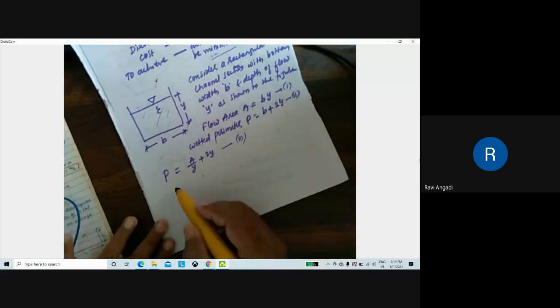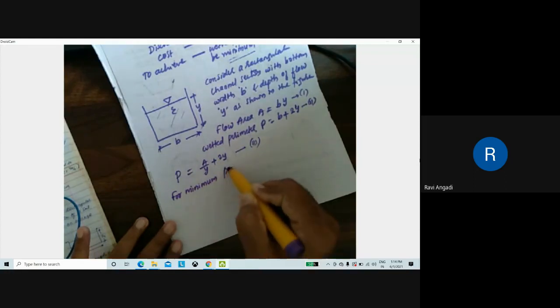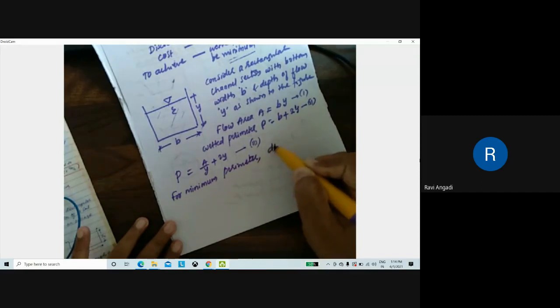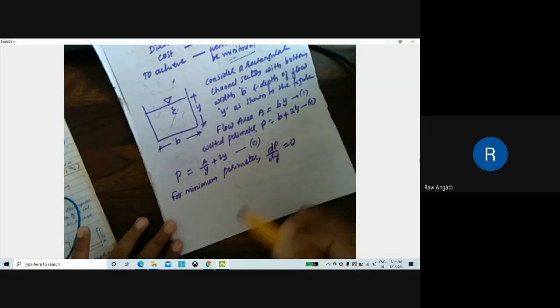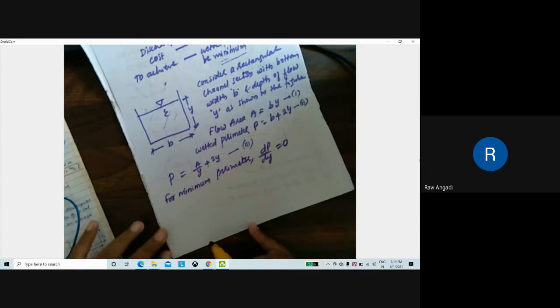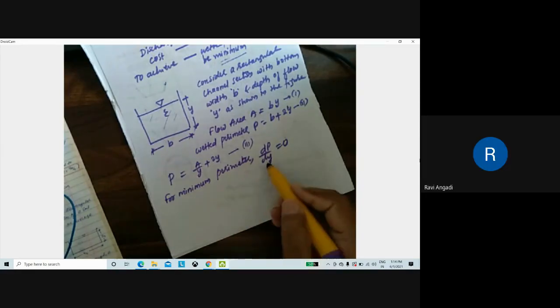So for minimum perimeter, shall I write dP by dy equal to 0? In mathematical terms, this is maxima and minima. For maximum and for minimum we use the same equation.